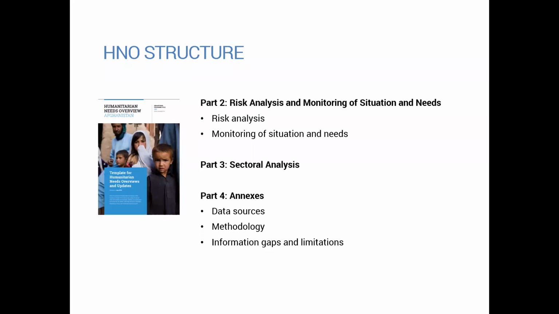How will the situation evolve most likely over the next few months? And then to agree on a simple monitoring of the situation needs that allows us to quickly pick up on dramatic changes. And then part 3 is where you certainly will be asked to provide some analysis. Those are all the sectoral chapters. The sectors are more or less free in how they want to structure that.